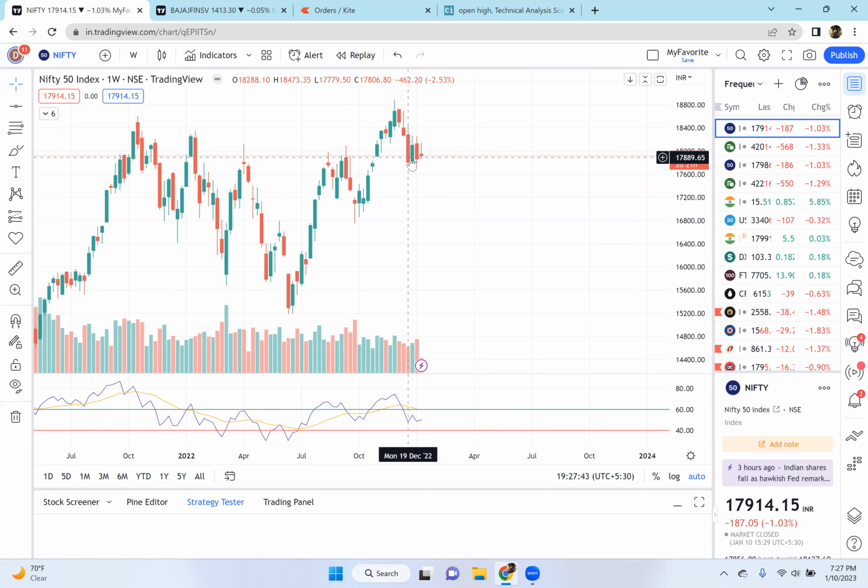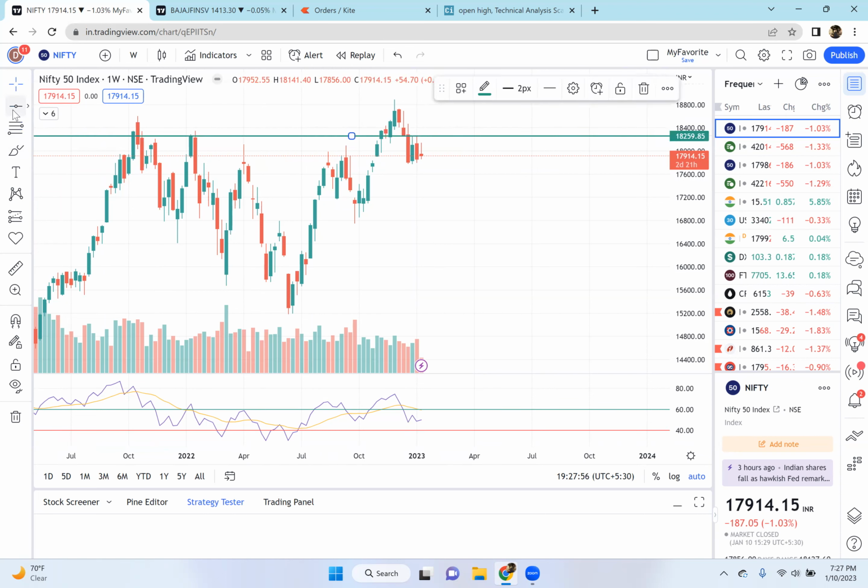The color is also different, and both are strong candles. It's not a doji candle. And this is happening on our index. So what we will do is mark this mother candle on Nifty. Of course, we can adjust it, but let me not take too much time. You understood what I'm saying.